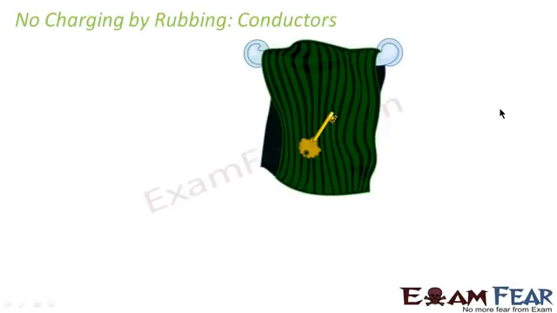It will not. That's because the key is made of metal, and a metal is a good conductor. Whatever charge comes to the key gets evenly distributed because there are free electrons inside the key to carry that charge.